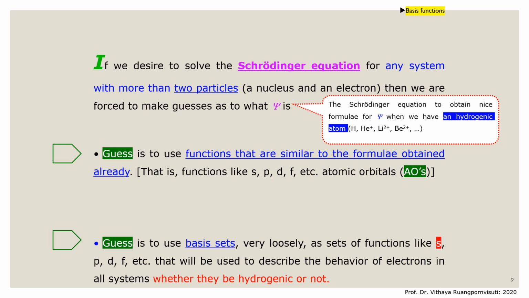We can solve the Schrödinger equation to obtain nice formulas of the wave function psi when we have a hydrogenic atom, such as the hydrogen atom, helium 1 ion, lithium 2 ion, and beryllium 3 ion.